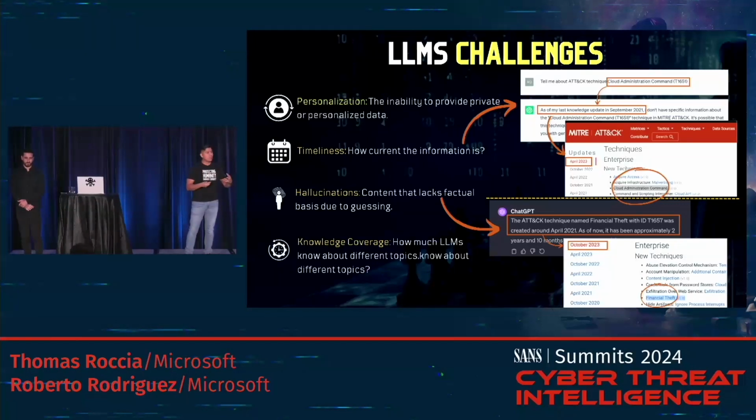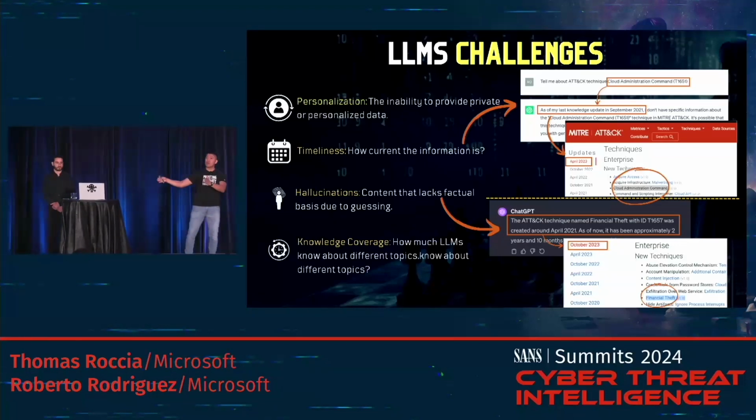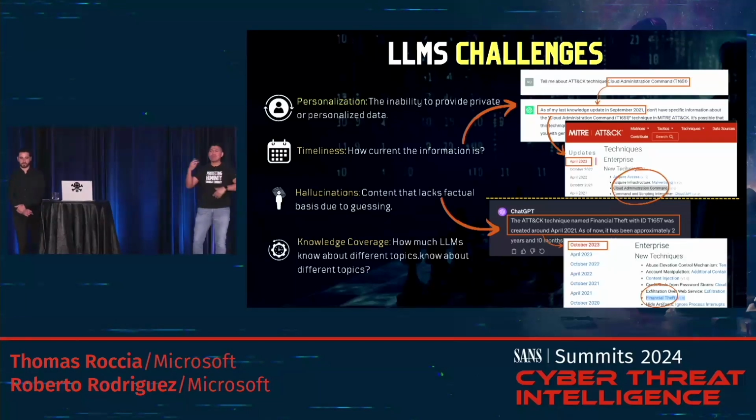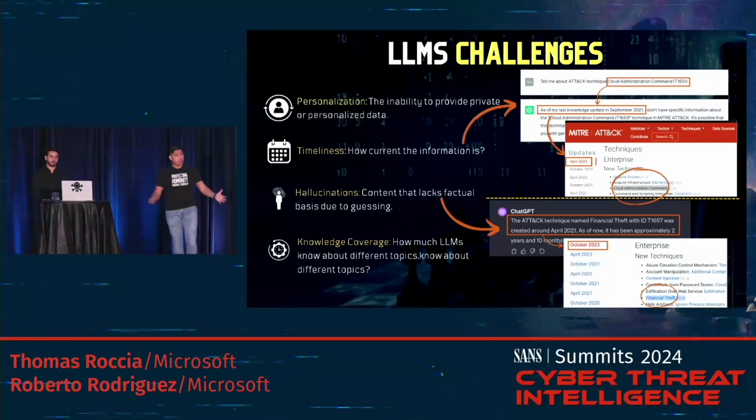That's because when you're training these large language models, the data that you pass has a time window. If the training data was up to 2021, whatever happens after 2021, it will not know about. Some of the latest models out there, like GPT-4, will try to answer your question and come up with a crazy definition of what that technique is, even though GPT-4 also does not have data up to October 2023, for example.